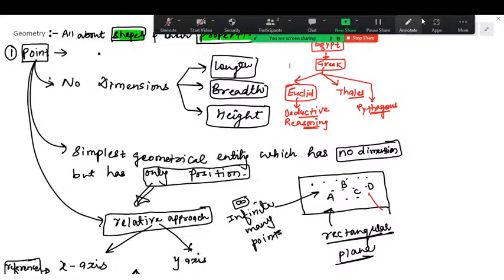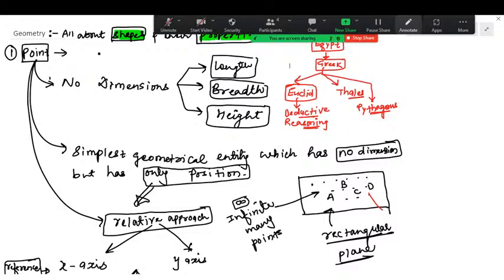And the next thing is that point is the simplest geometry, and this simplest geometry has only position.